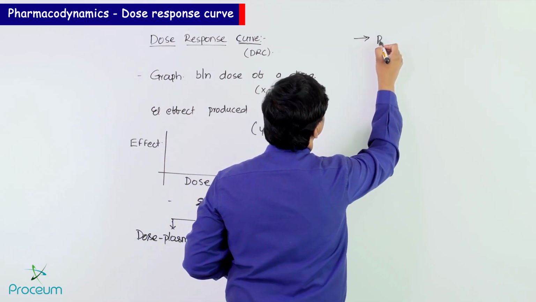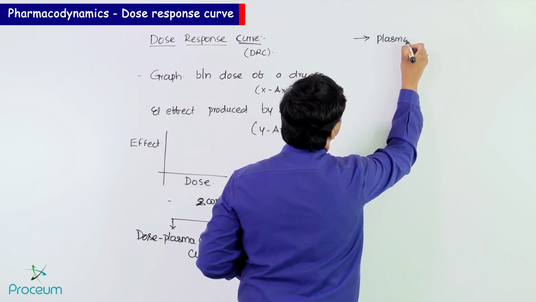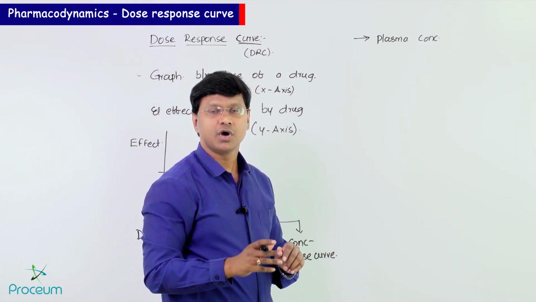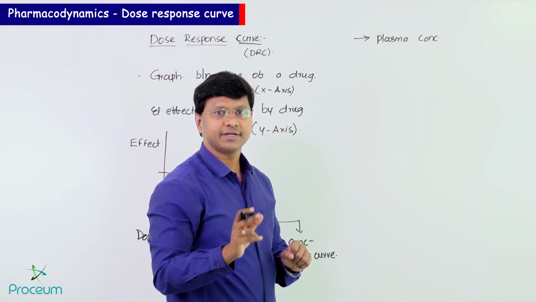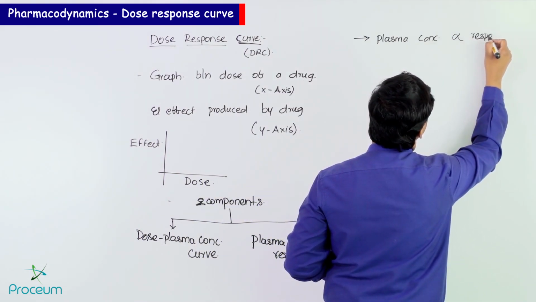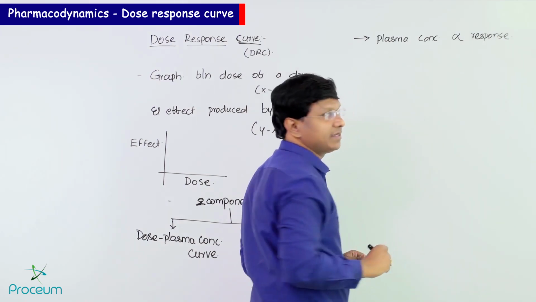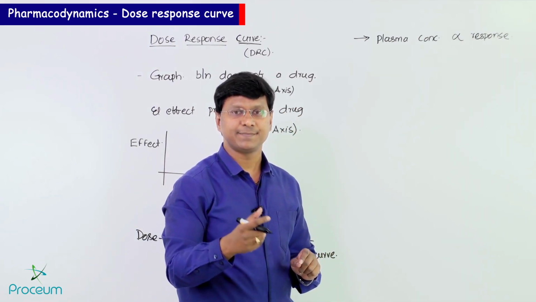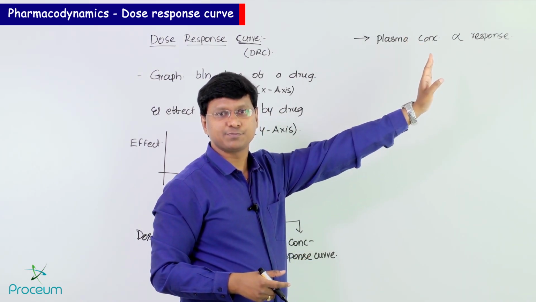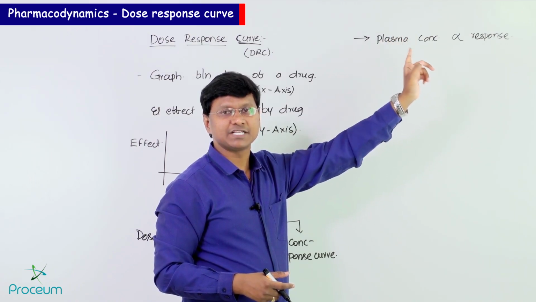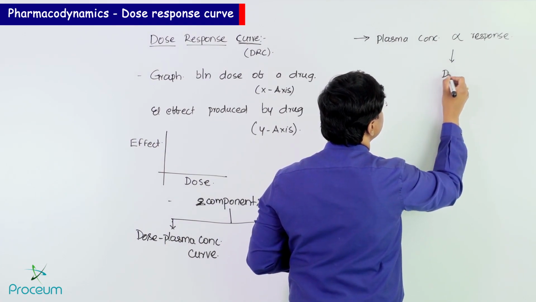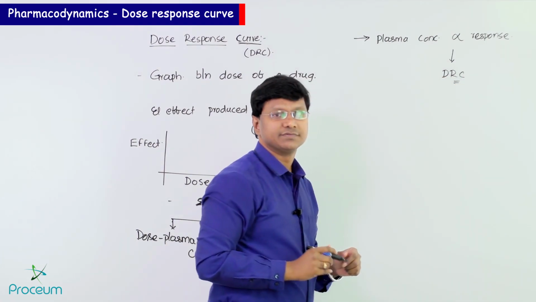The plasma concentration of the drug is directly proportional to the response. So what does that mean? The more the concentration of the drug in the plasma, the more will be the response, and this graph between the plasma concentration and the drug response is called the DRC, that is dose response curve.